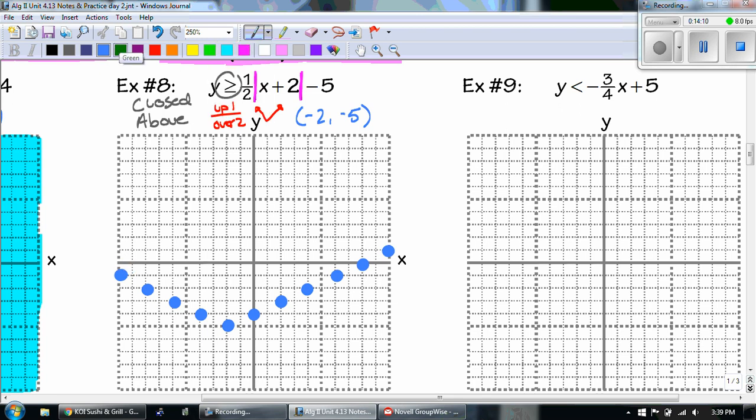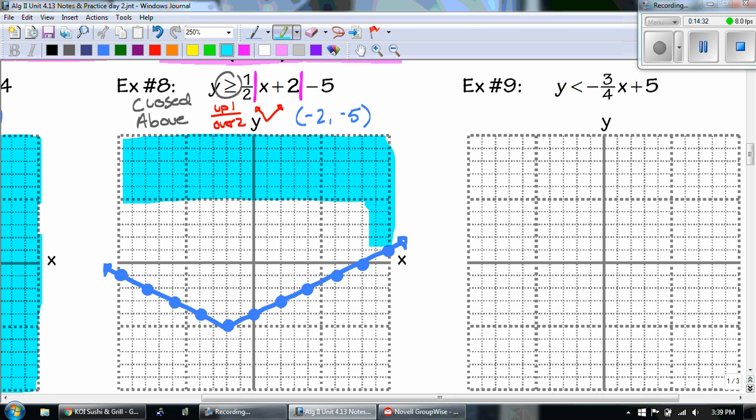And then I need to graph it, so that means I need to use a straight edge because I have a line. There we go. And we said that we had to shade above. See if I can get this one right on the first try. There we go.